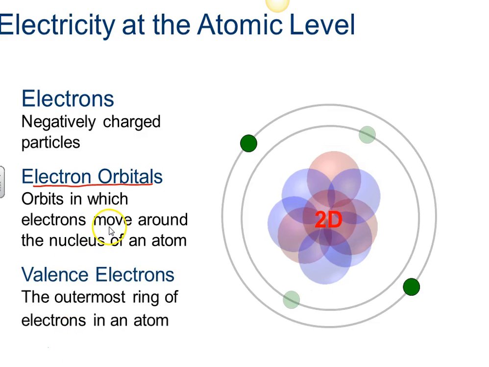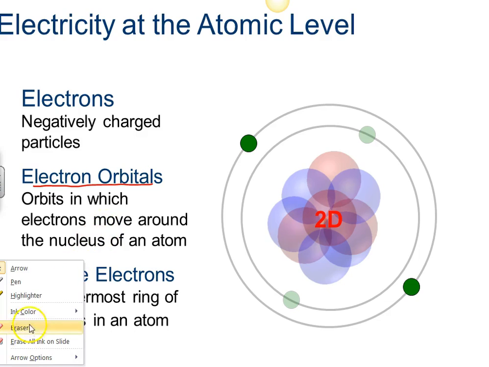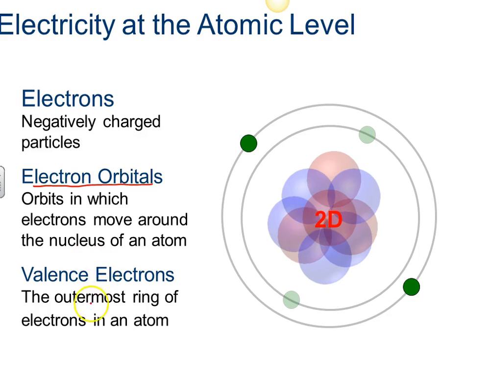Our electrons can occupy many different orbits or spaces, but the ones that are in the outermost ring, the outermost orbit, are known as valence electrons. For instance, in this, we have 2 energy levels, or 2 orbits, and we would say that we have 2 electrons in that level.